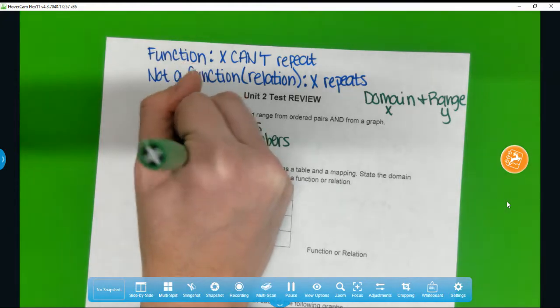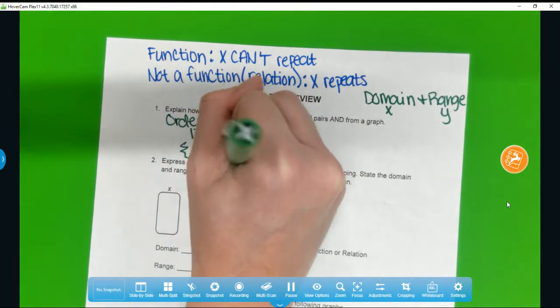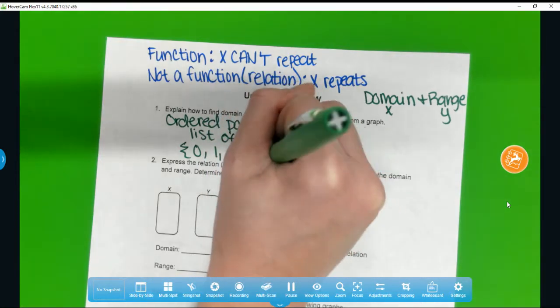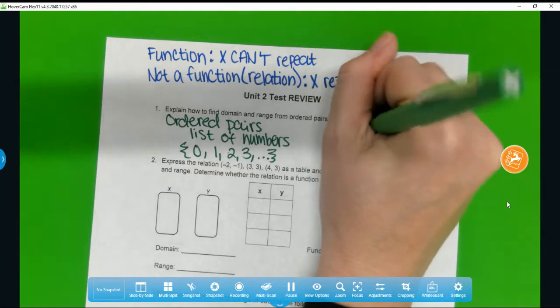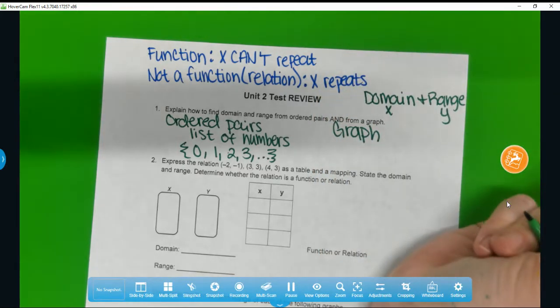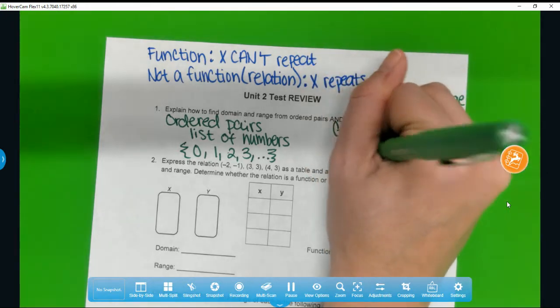Okay, so remember we have our squiggly brackets, and for example, we would have 0, 1, 2, 3, and so on. If you're on a graph, as long as it's a continuous graph, you would have your inequalities.